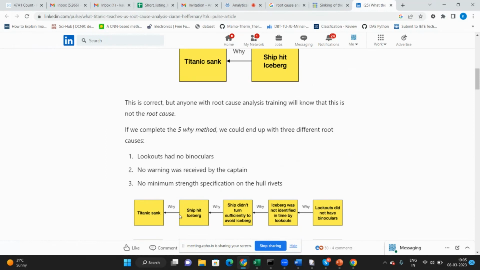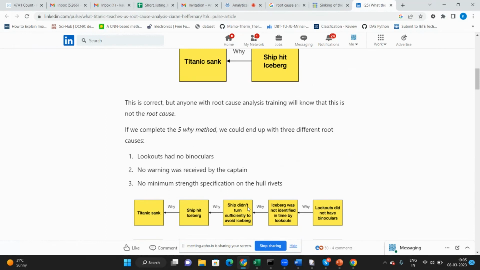the ship hit the iceberg. The story itself says that the iceberg was visible once we went a little nearer, right? So the next question is, why couldn't I turn the ship from the iceberg? The reason being the distance between the ship and the iceberg was very small.